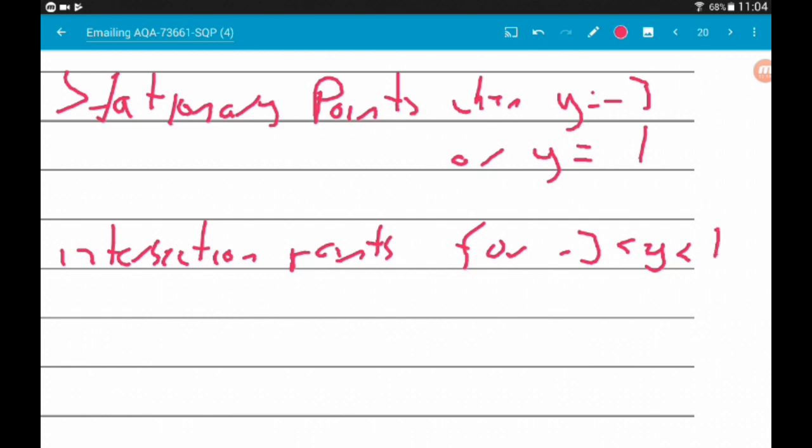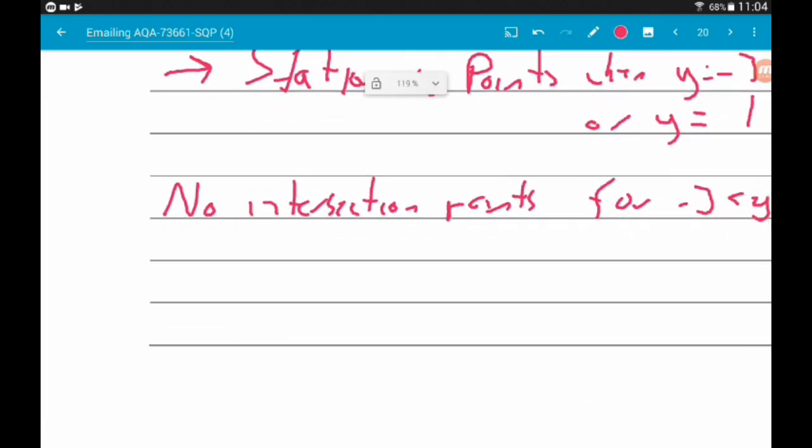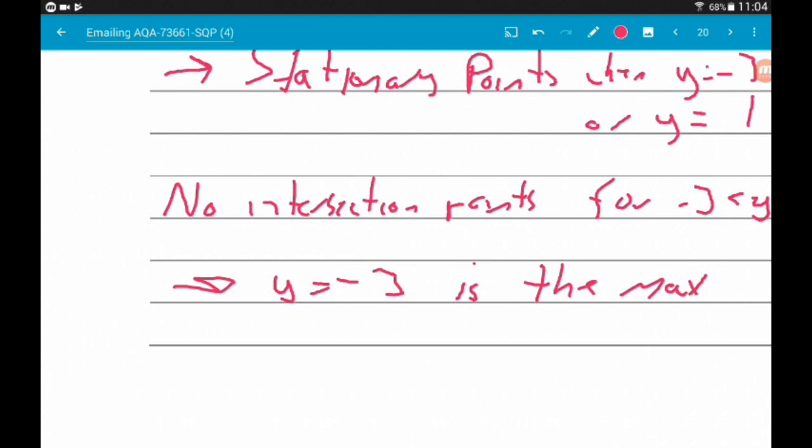So that means it has to touch the curve at a final point at y equals -3, and that doesn't touch the curve at all if we are moving this horizontal line up, and this horizontal line doesn't touch the curve again until we get up to y equals +1. Therefore, y equals -3 is the maximum.